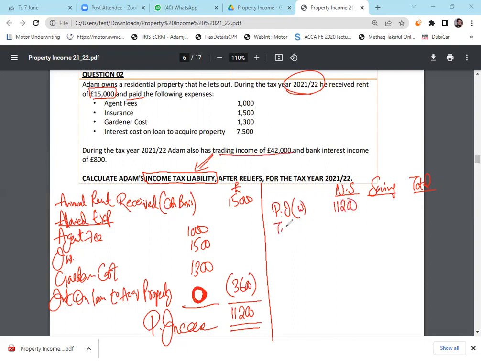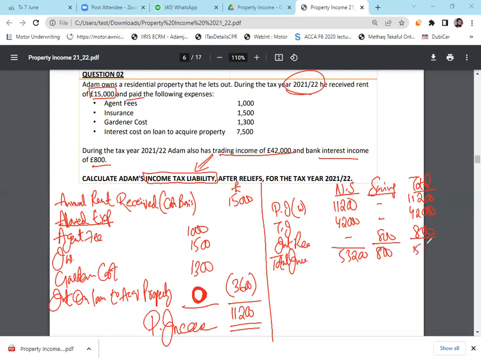Trading income is also part of non-savings. And interest income is 800. Can you tell me the total, please? So non-savings is 53,200. 54,000. This is total income. There is no qualifying interest, means net income.